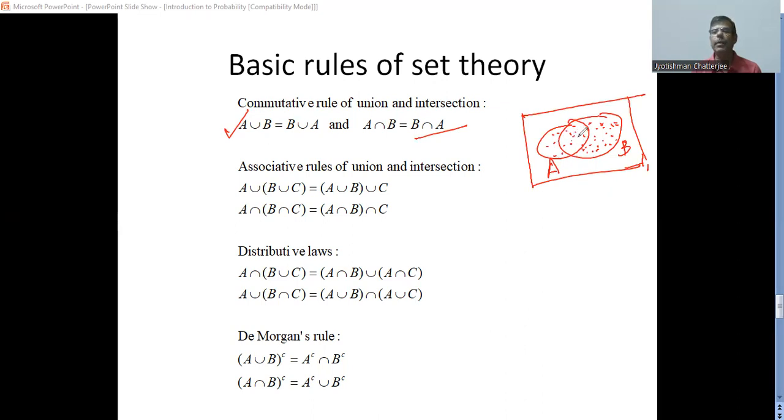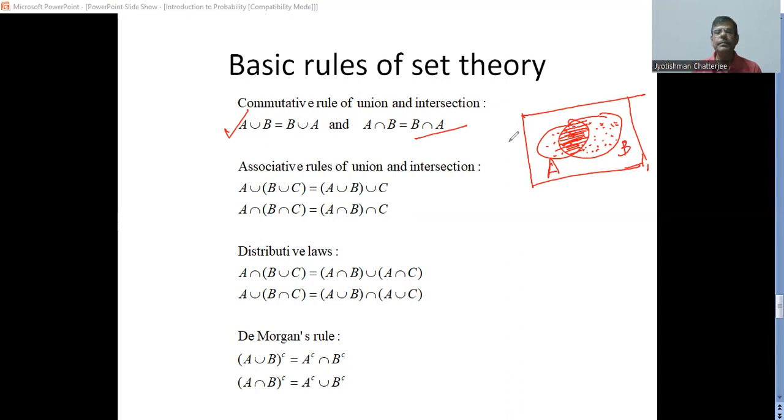By the way, A union B or B union A, as you can see, they mean the same thing. Now, when you talk about A intersection B or B intersection A, we mean this shaded part, which includes only elements that belong to both A as well as B.